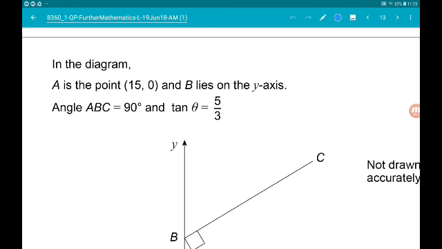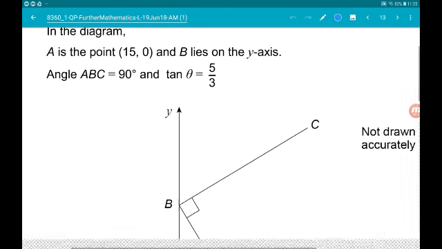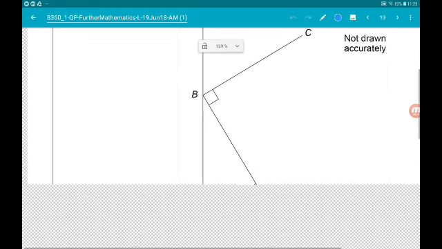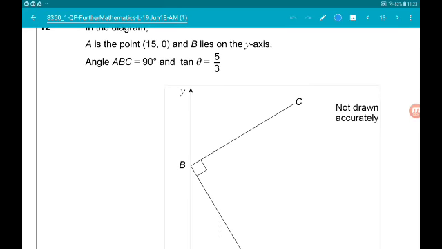Cool. Okay, question 12, quite a big one. So, in the diagram, A is the point 15, 0, and B lies on the y-axis. Angle ABC is 90 degrees, so that's our right angle there, and tan of theta, theta being down there, is 5/3.